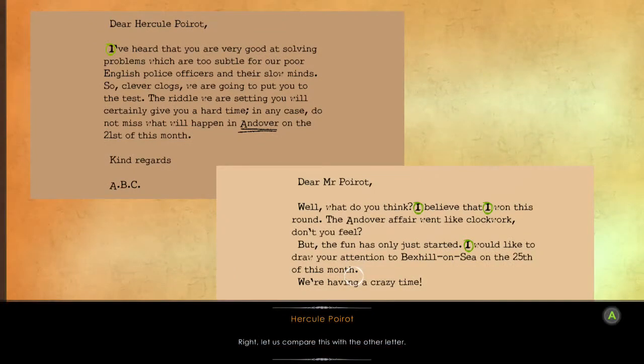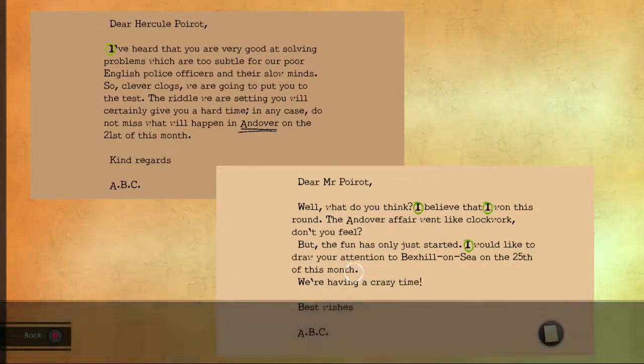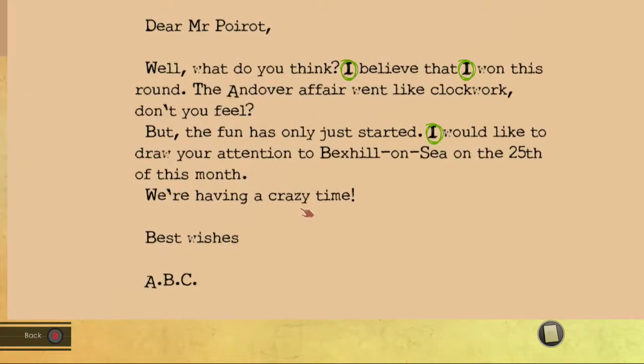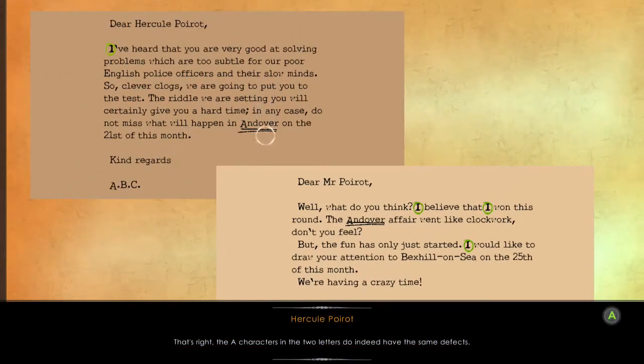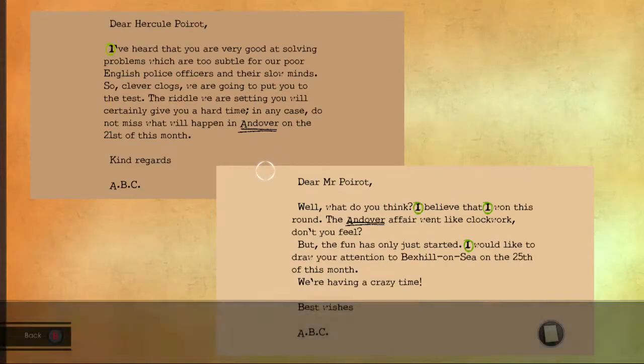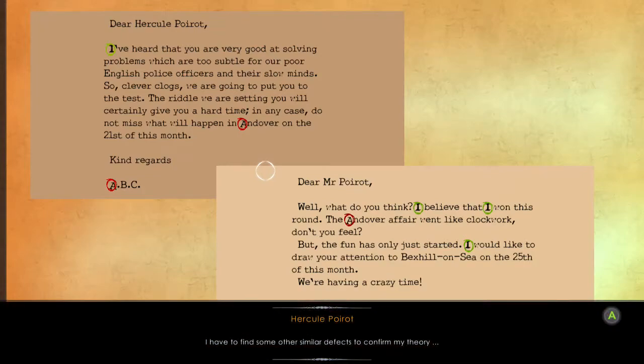Right. Let us compare this with the other letter. That's right. The A characters in the two letters do indeed have the same defects. I have to find some other similar defects to confirm my theory.